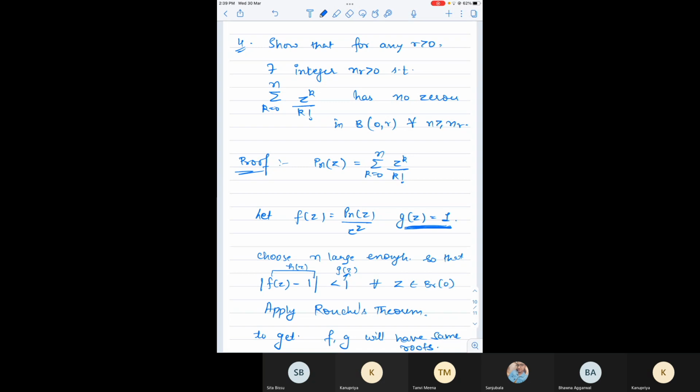So the roots of f depend on p_n(z) only, so p_n(z) has no roots in this ball for this large n, right? Is it okay?